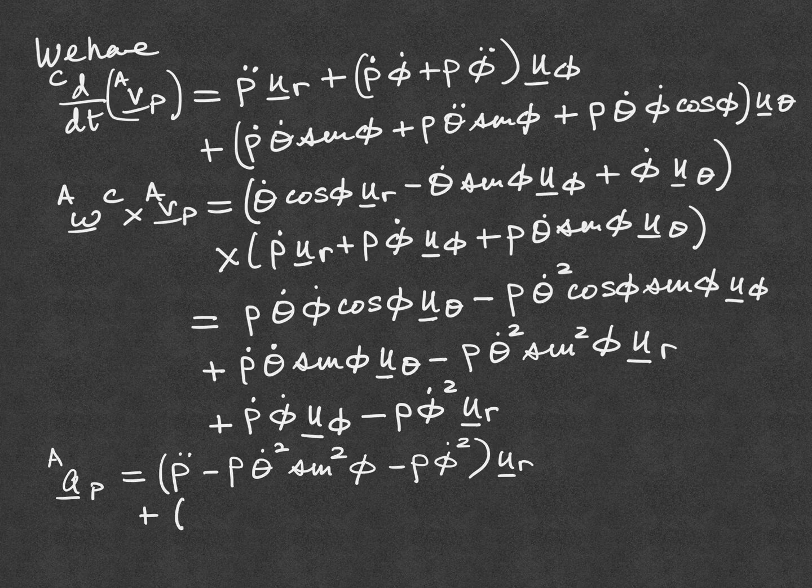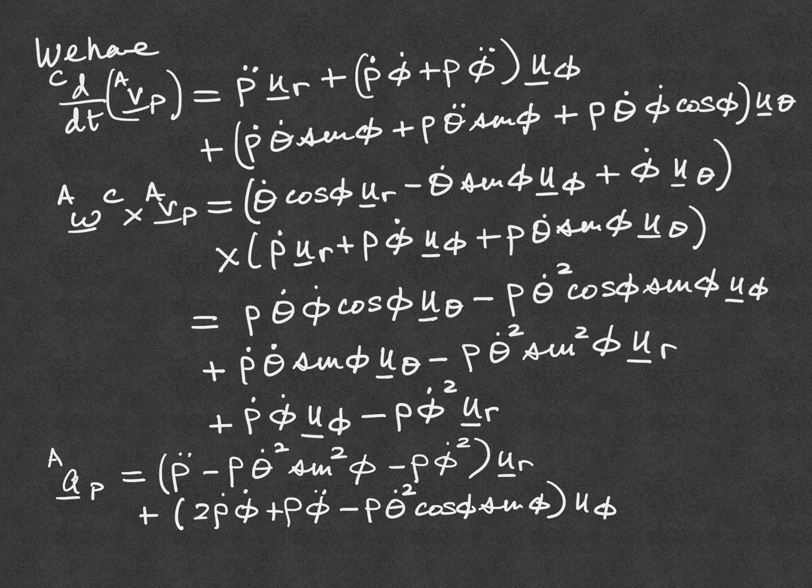We have rho dot phi dot plus rho phi double dot in the first part, and in the second part we have minus rho theta dot squared cosine phi sine phi, and we have another rho dot phi dot. So we have 2 rho dot phi dot plus rho phi double dot, and then we have minus rho theta dot squared cosine of phi times the sine of phi times u phi.